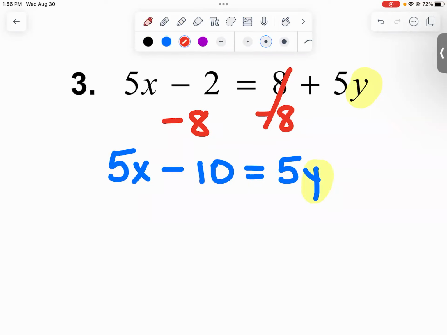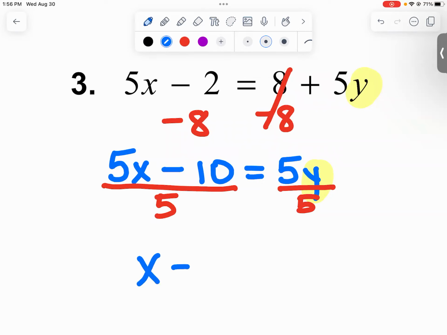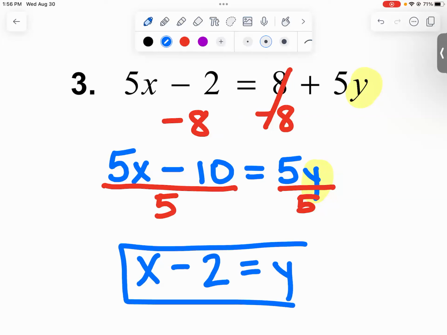So we need to undo it by dividing both sides by 5. Now notice how we need to divide all of both sides by 5. So 5x divided by 5 minus 10 divided by 5 equals y. Yeah, both sides get divided.